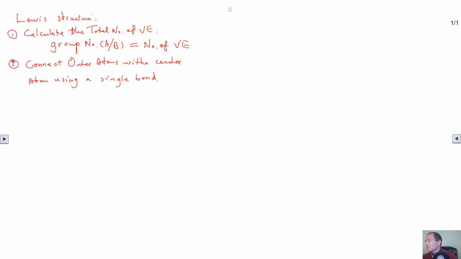For example, if you have CH4, carbon will be the center atom. Usually, the first written in the formula will serve as the center atom, except for hydrogen, because hydrogen cannot serve as a center atom. So the first element in the formula usually is the center atom.